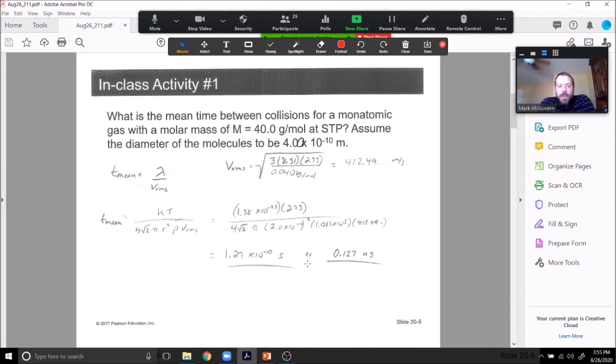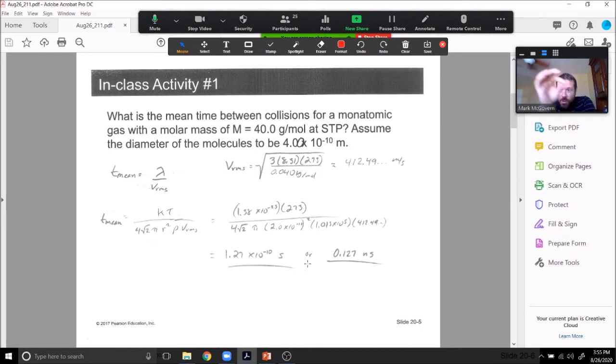All right, I can put that into my mean time equation. I'm going to want to use the one with the kT over P in it, because I know my temperature and I know my pressure. It's a good one to go with. So I put all my numbers in, and we end up with 0.127 nanoseconds. That's small.